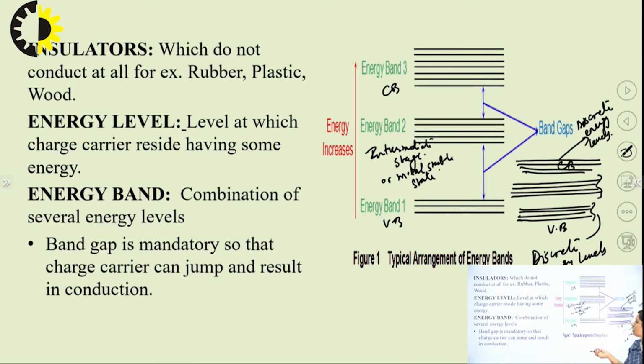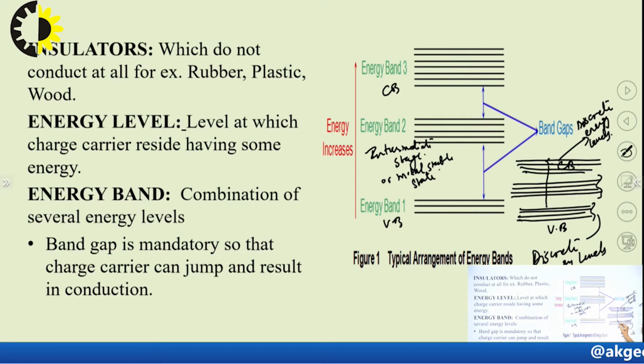So, there must be a jump of electrons from the valence band to the conduction band, and this can happen only with the excitation of a particular light. When there is a jump, there is excitation of energy to a particular band. Also, when there is a fall, there is release of energy.